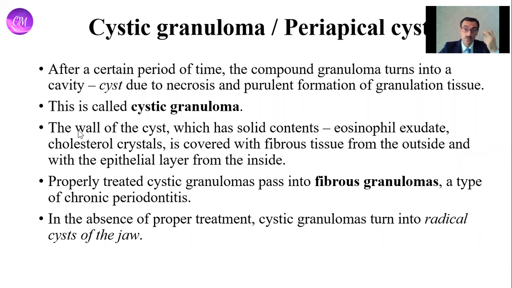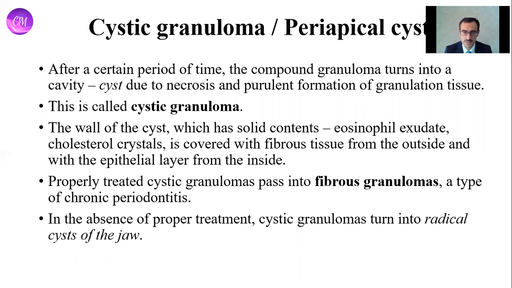Cystic granuloma: after a certain period of time, the compound granuloma turns into a cavity, with the formation of a cyst due to necrosis and purulent formation of granulation tissue.